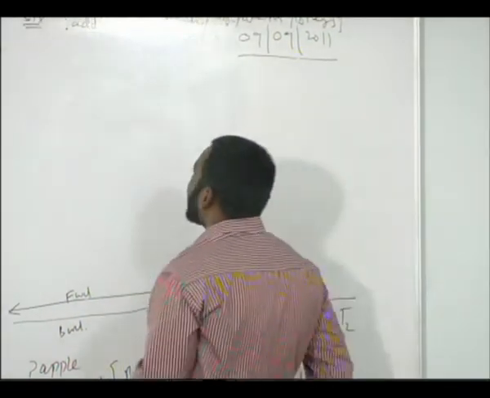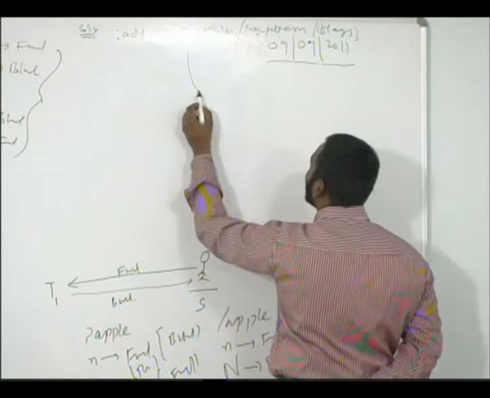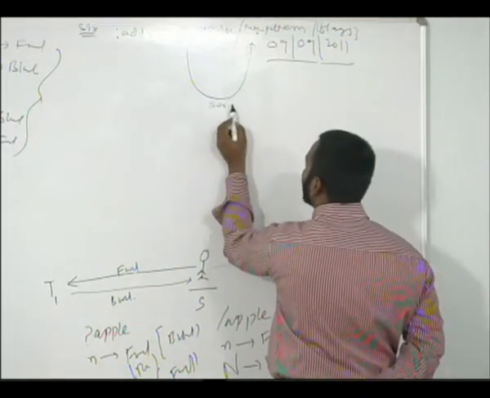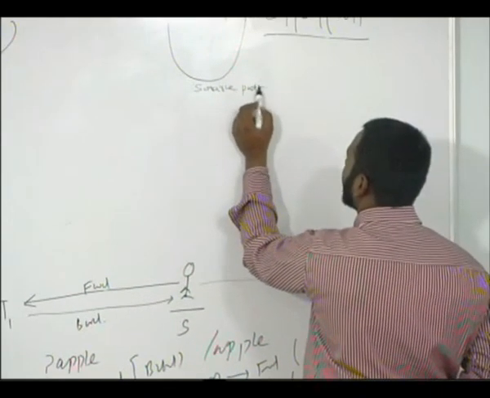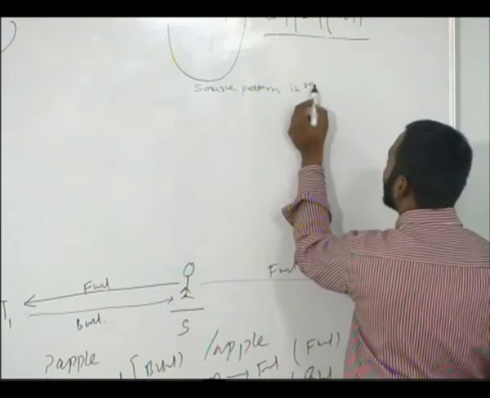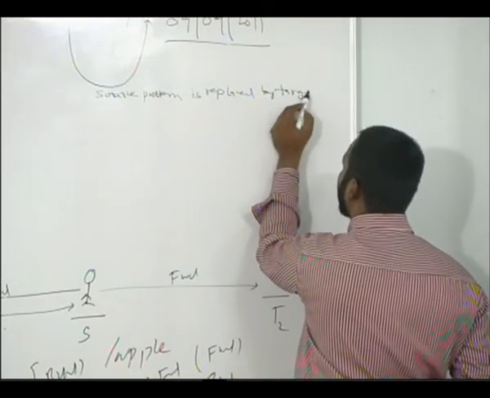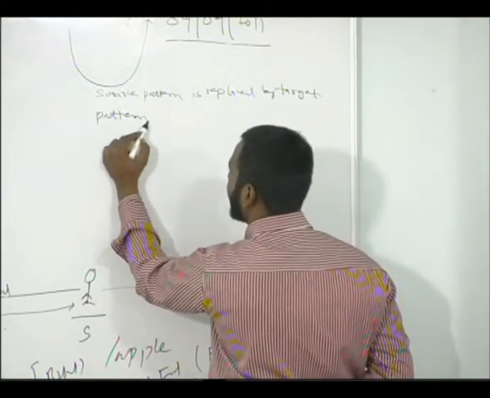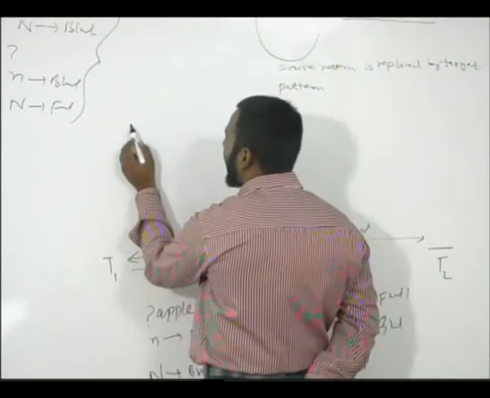Now what is the meaning of this? We will give the address here. It means that the source pattern is replaced by the target pattern. Let's write an example.